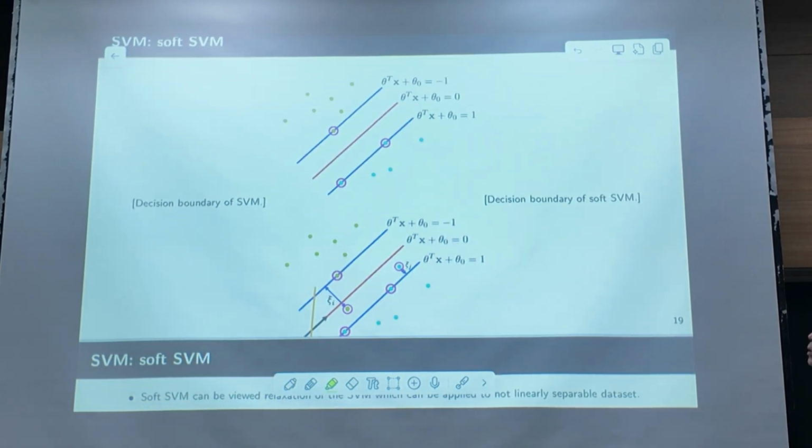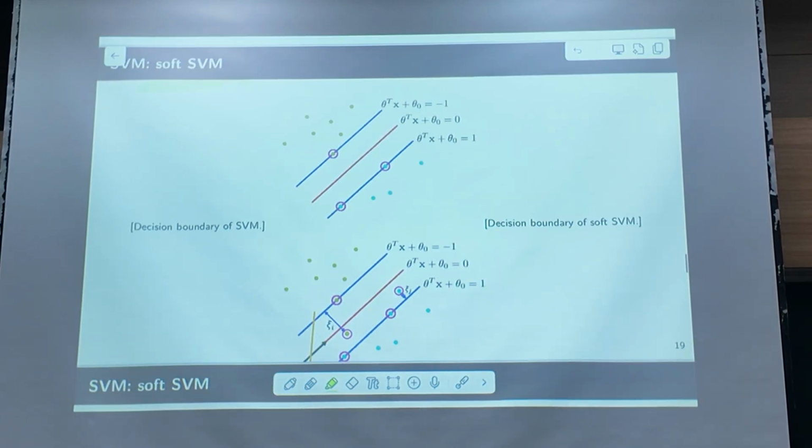Now I want to introduce soft SVM. Okay. What I've explained so far is hard SVM, or just SVM. What is soft SVM? So hard SVM is here, you're trying to classify the green points from the blue points.